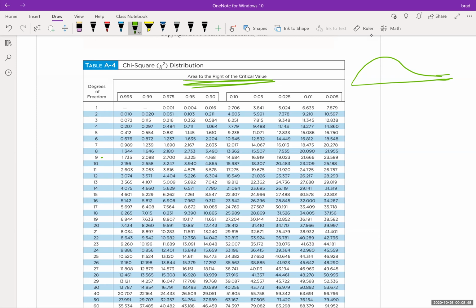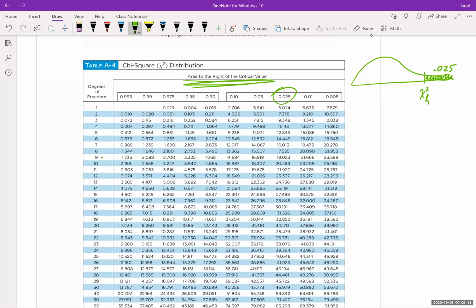So what I'm going to do is first find my chi-squared right. So I'm going to put chi-squared right here, and then I'm going to shade to the right because this is the easier one. Okay, so how much area is to the right? We know it's 0.025. So I go on my table and I say, how much area is to the right? Well, 0.025. And then what's my degree of freedom?